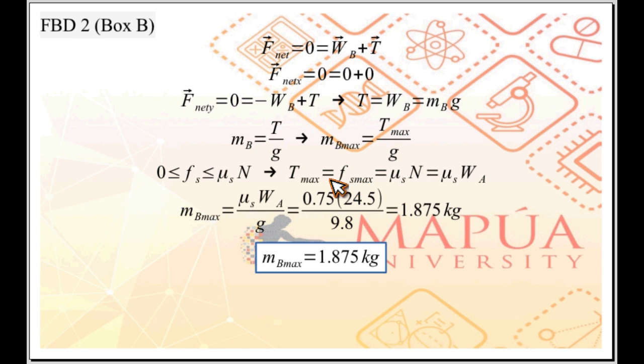And the maximum value of static friction, Fs max, is mu S N, where N we know to be equal to weight A. So T max is equal to mu S weight A, which means mB max is just equal to mu S weight A divided by g. Plugging in the values, we are able to get the maximum value of mB, 1.875 kilograms.